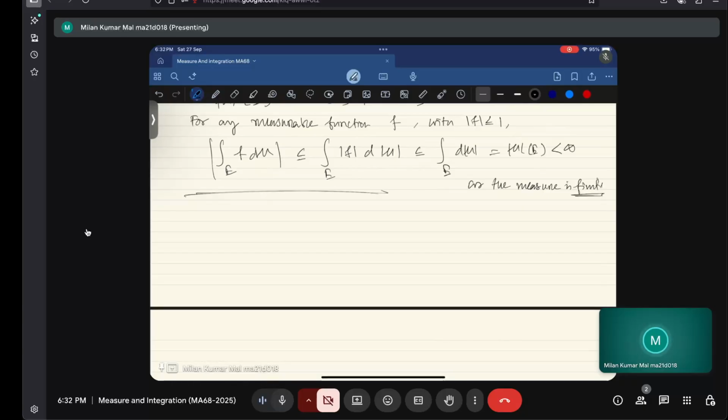If I need, I'll talk about it later, because this is nothing special. If you just decompose f into f plus and f minus, and decompose mu into mu plus and mu minus, you'll get this.